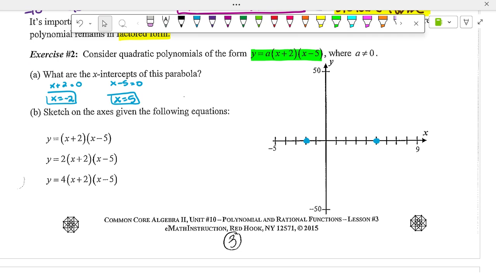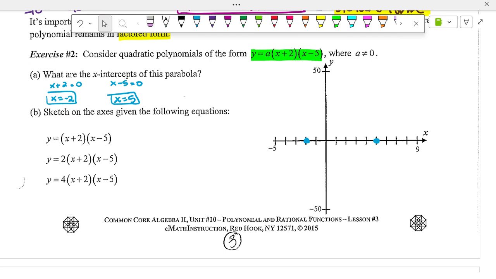They're going to have the exact same vertex and the exact same x-intercepts. The only difference is one has an a value of 2, the other has an a value of 1. So prediction-wise, one of them is either going to be wider or narrower than the other.